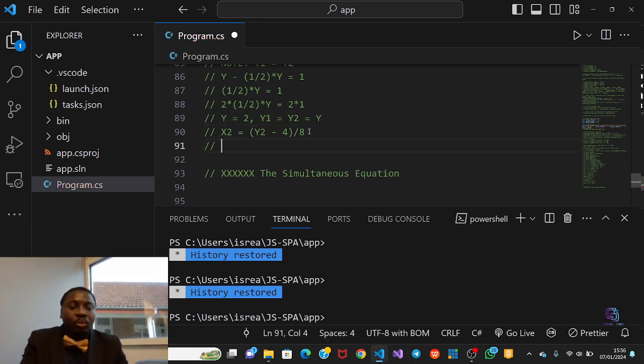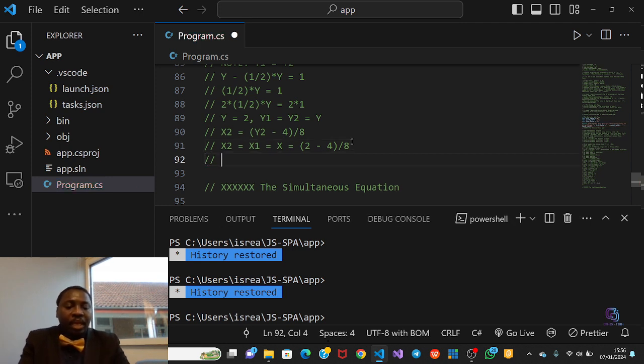So to get x2, you can say x2 is equal to what? x1 and is equal to what? x and is equal to y2, which is the same thing as y. So that's 2 minus 4. 2 minus 4 divided by 8.